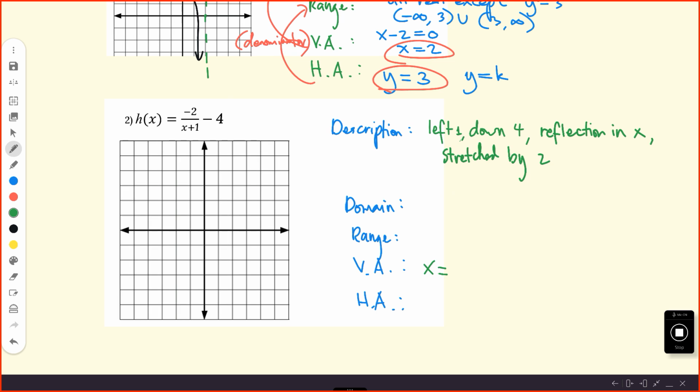X equals, you have to write the equation. If you just write -1, that's wrong. For the vertical, it should be x. For the horizontal, it should be y. So what is the domain? That is going to be all real except -1. So that's -infinity to -1, union -1 to infinity.